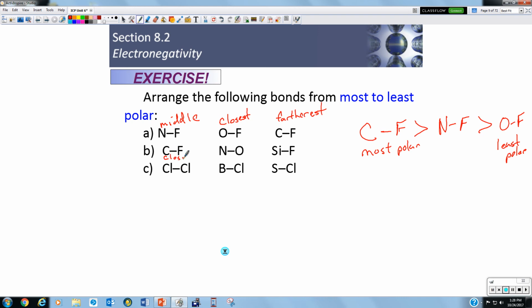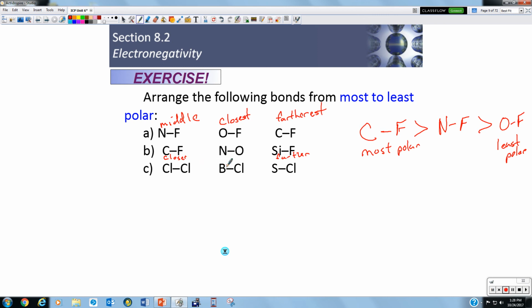CF is closer. All right, so that means this is farther away. Now CF, they're basically 3 positions apart, and then Si and F are 1, 2, 3, 4 positions apart. So Si is a little bit further away than CF.